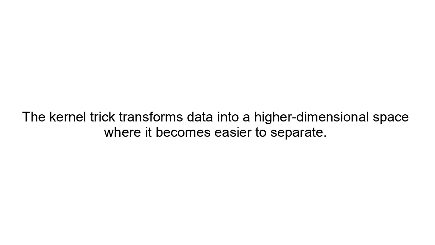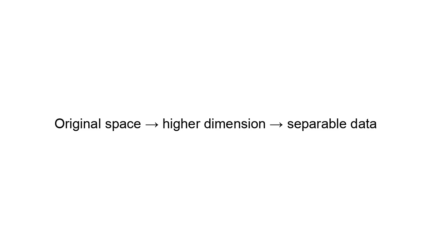Example concept: original space means higher dimension means separable data. Common kernel types include linear kernel, polynomial kernel, radial basis function, RBF, kernel, and sigmoid kernel. These kernels allow SVM to handle complex patterns.